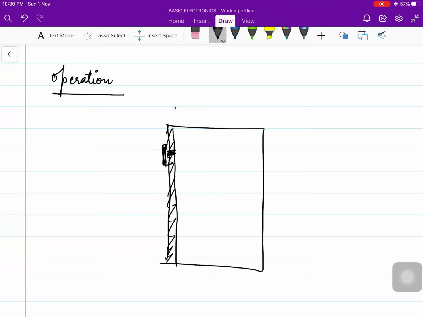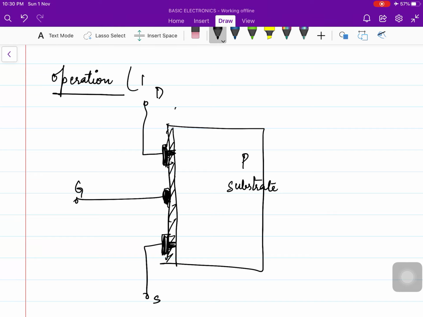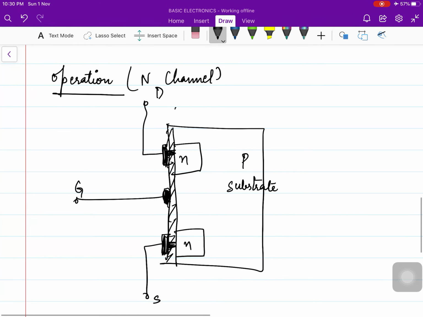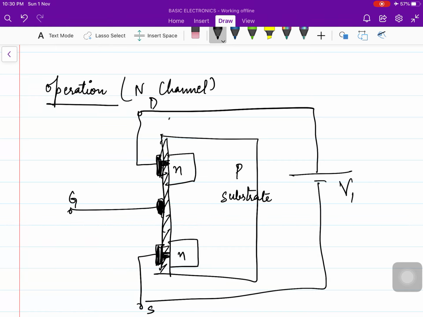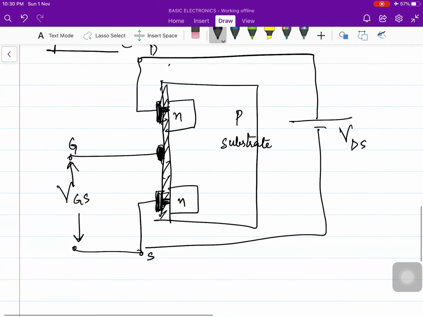Silicon dioxide, ohmic contacts, this will not be pierced inside, gate is insulated, drain, source, n channel, so substrate will be of p-type, we will form two n regions or connect the two n regions to source and drain, but channel is absent here. For n channel, VDS will be always positive. And let's see for VGS.